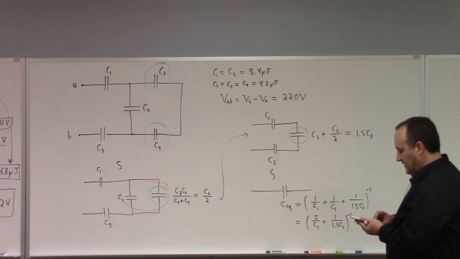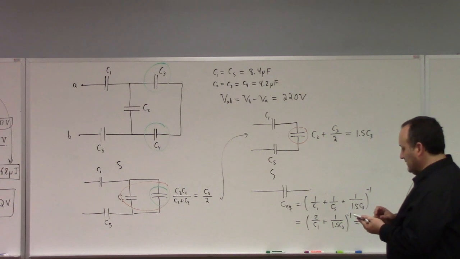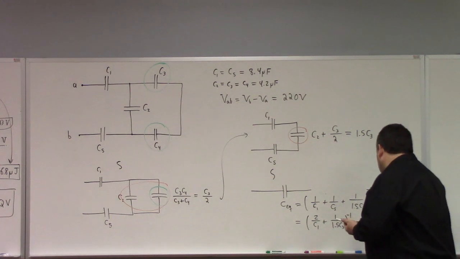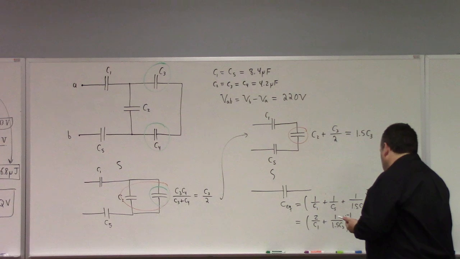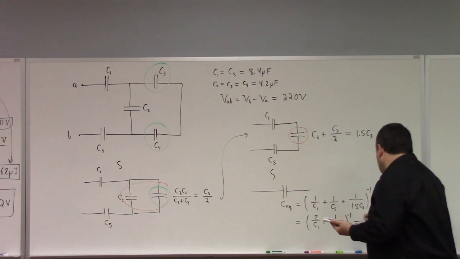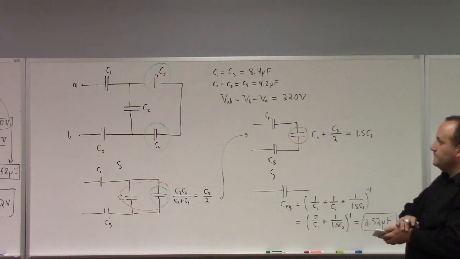And then I reciprocate that. I get 63 over 25, but in decimals that is 2.52 microfarads. So there's the equivalent capacitance of the whole deal.